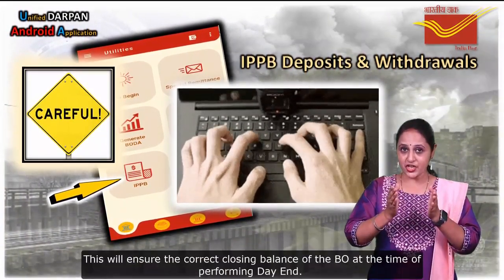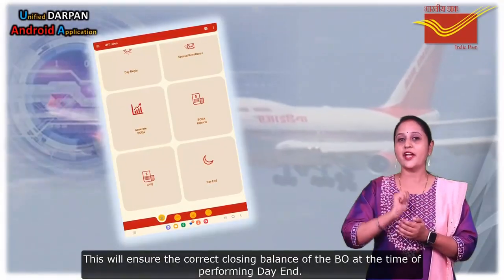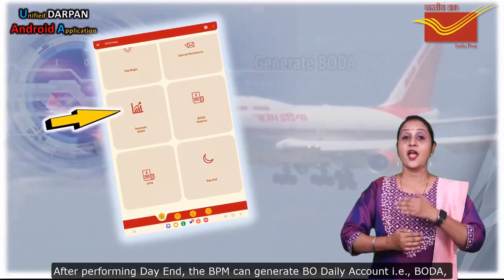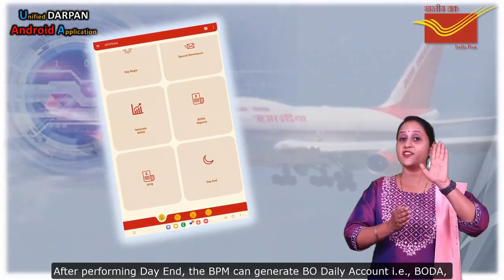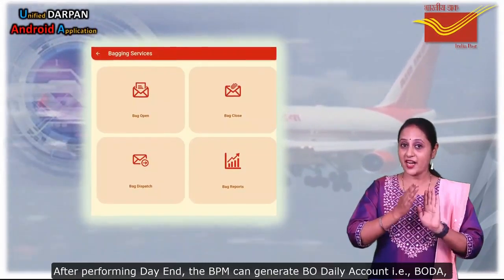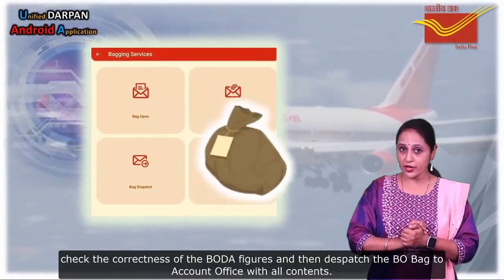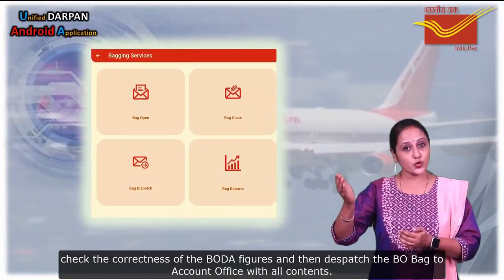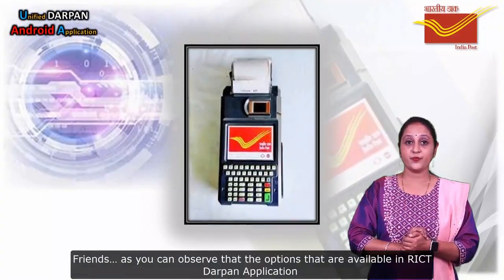This will ensure the correct closing balance of the BO at the time of performing day end. After performing day end, the BPM can generate the BO daily account, that is BODA. Check the correctness of the BODA figures and then dispatch the BO bag to account office with all contents.